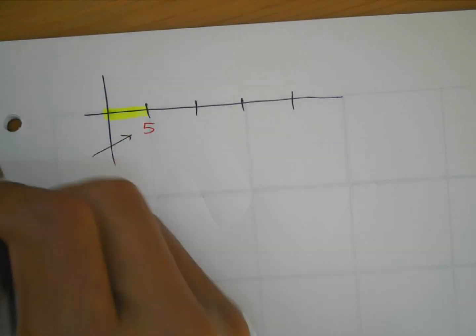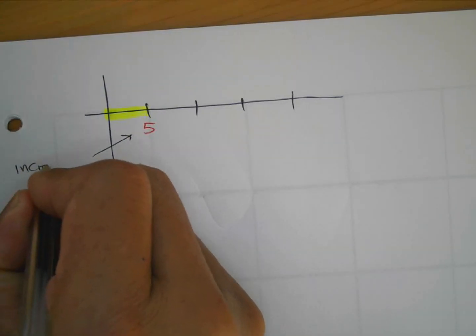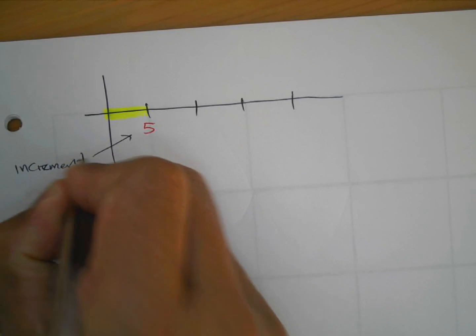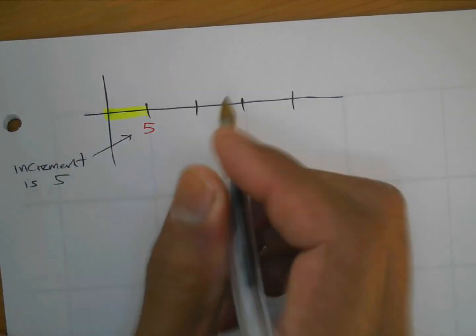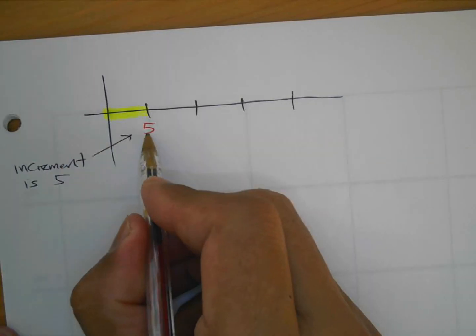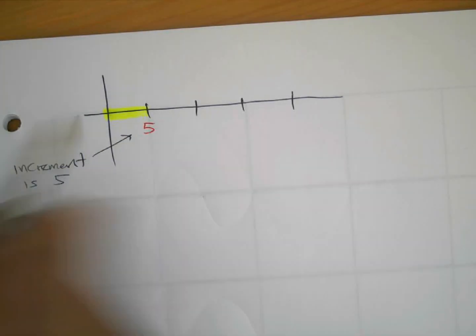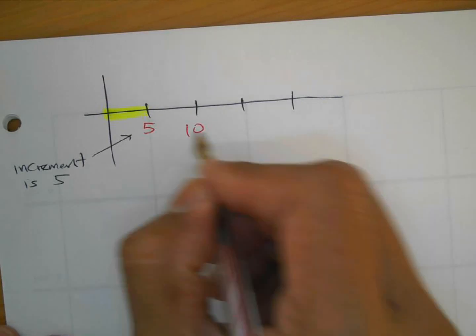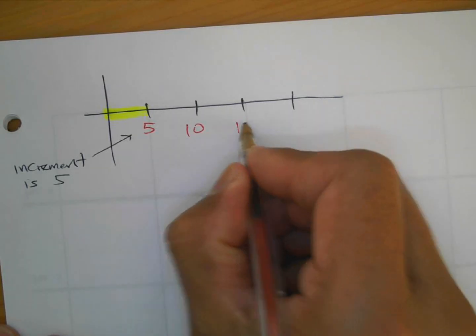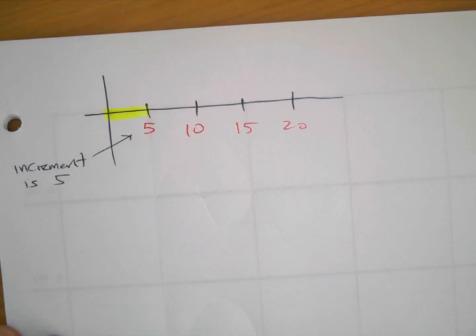Okay, so if the increment is 5, then obviously this is not going to be 5, 6, 7, 8. You're going to go by 5s. 5 plus another 5, well, 10, right? Another 5, 15, and then 20, like that. Okay, I think we got that.